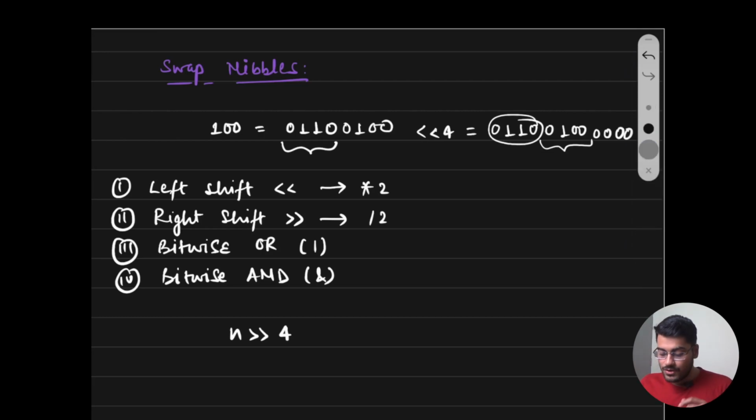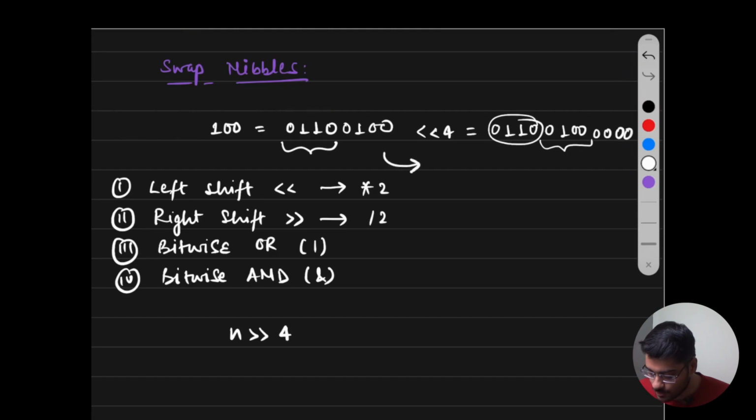Now we know we just have to extract the last part. So if we are able to set all the first 4 bits as 0, and then shift this part, won't we get our required number? So if we do this, first we set these 4 bits to 0, and our number will change to 0, 0, 0 and then the remaining last 4 bits.